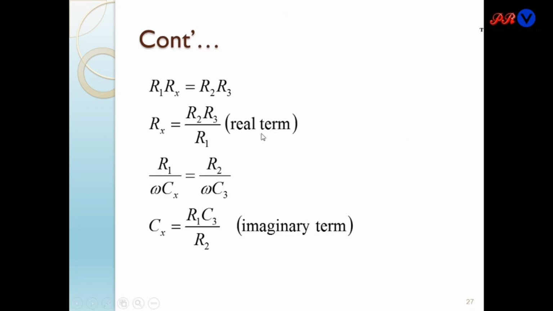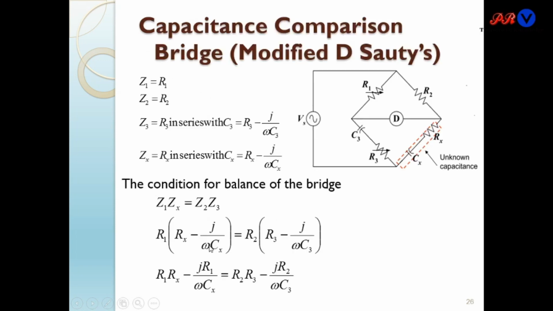Equating the real part, we get Rx equal to R2 R3 by R1, and from the imaginary part we get Cx equal to R1 C3 divided by R2. So this is the value for unknown capacitance and resistance for the circuit. Rx is the internal resistance of your capacitor.